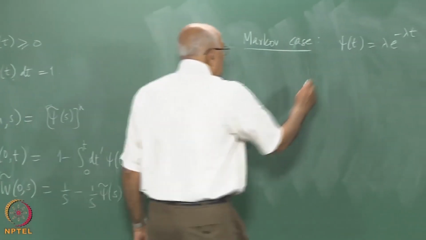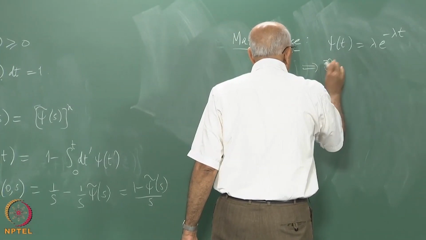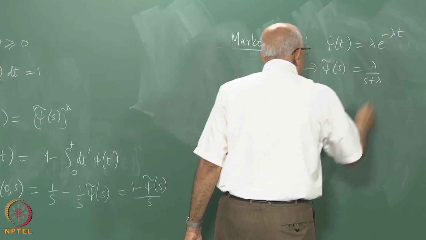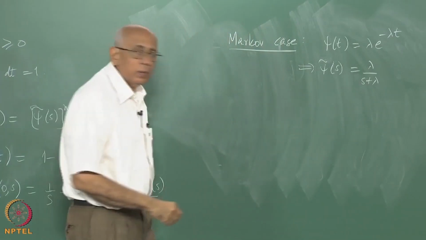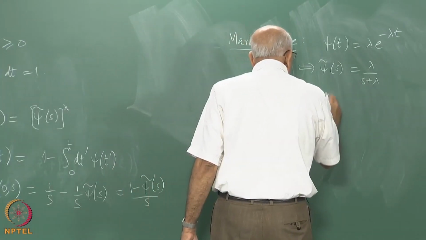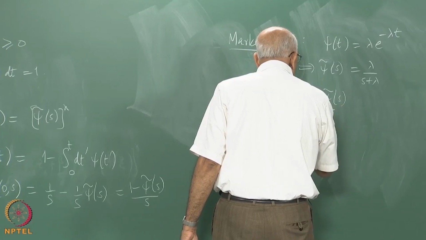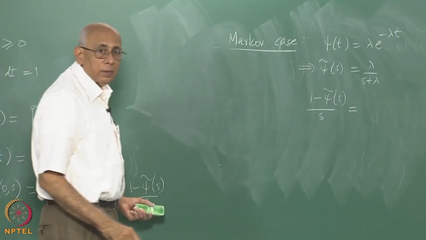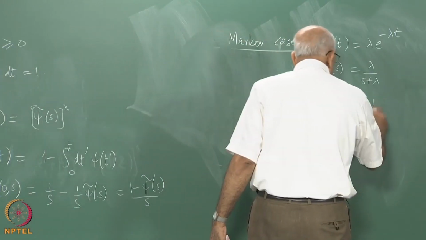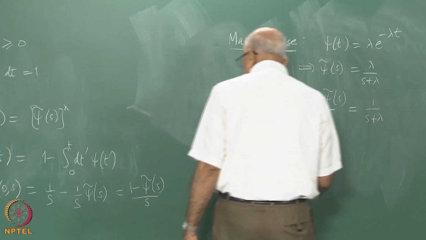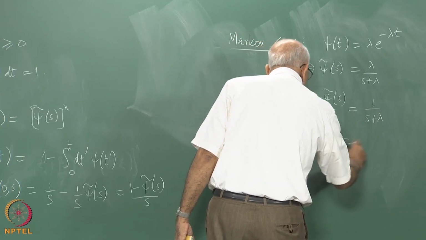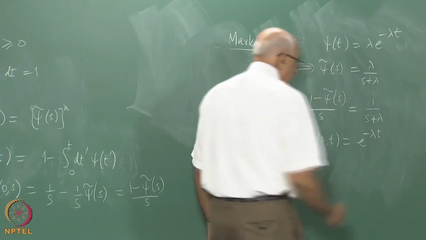It should come out, because this will imply that psi tilde of s is lambda over s plus lambda. Then 1 minus psi tilde of s, over s, is 1 over s plus lambda. So that tells you that W of 0 comma t is equal to e to the minus lambda t.